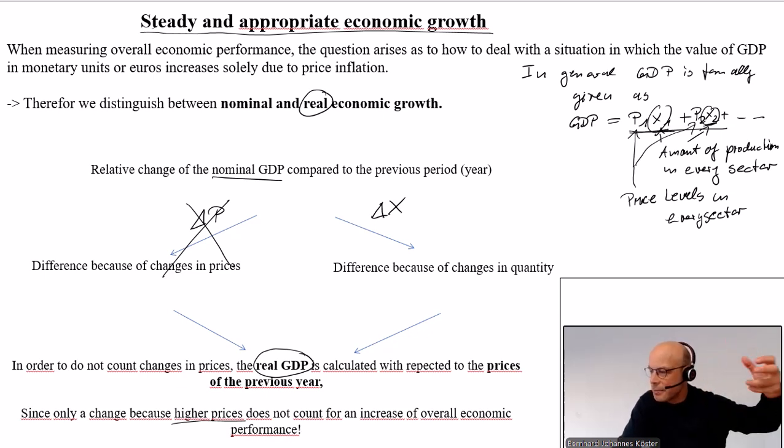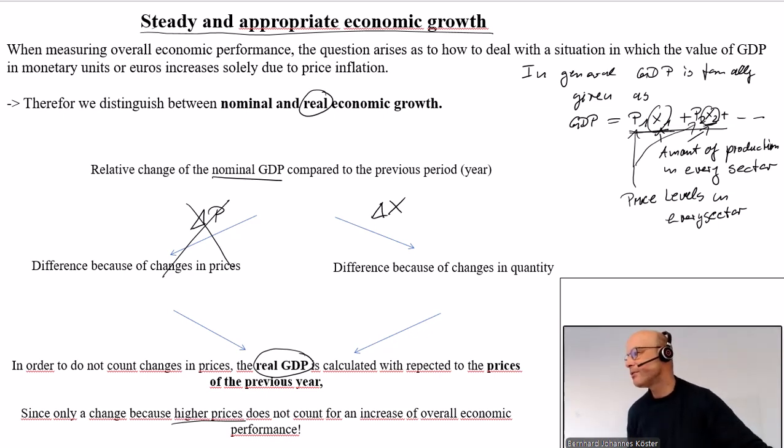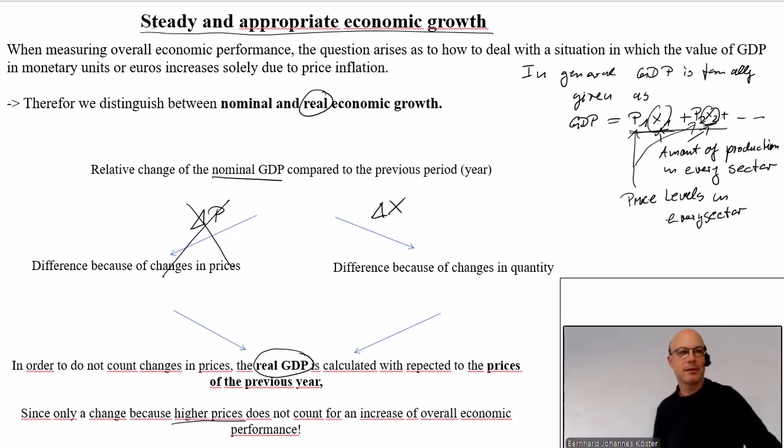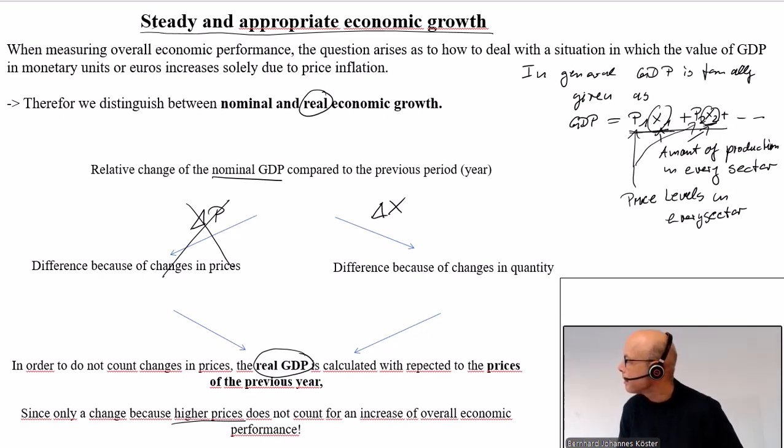This was the time of especially the energy crisis, where prices really increased. That now you have to pay €1 more for a beer or something like this. If we look at this number, we had really a large increase of nominal GDP in these years, but unfortunately, the real growth was really poor. And in a minute, we will talk about how we get rid of this price development.